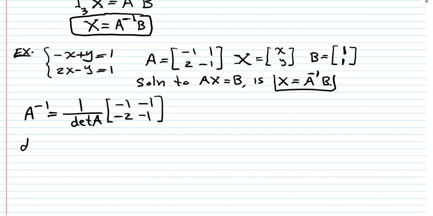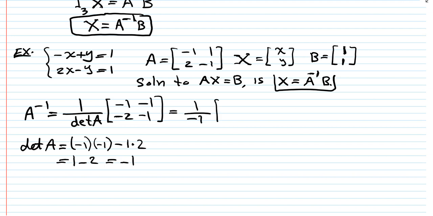What is the determinant of A in this exercise? The determinant of A is negative 1 times negative 1 on the diagonal minus 1 times 2 off diagonal. That's 1 minus 2, or negative 1. So this gives me 1 over negative 1, which is negative 1, times this matrix.